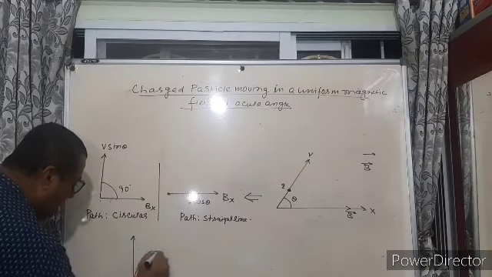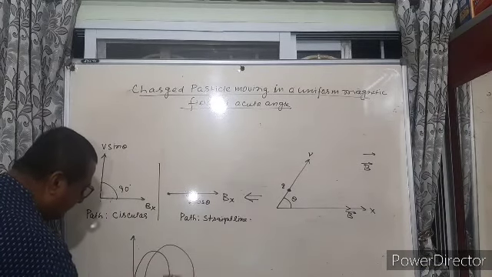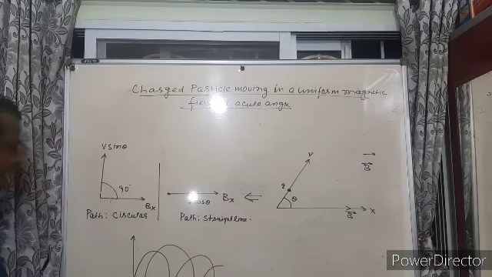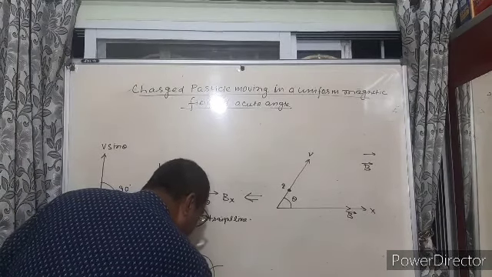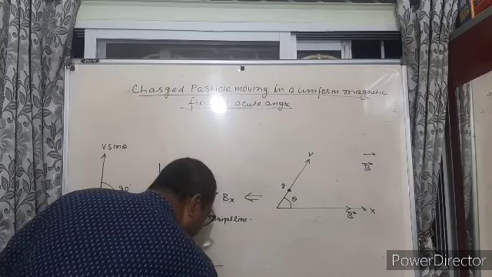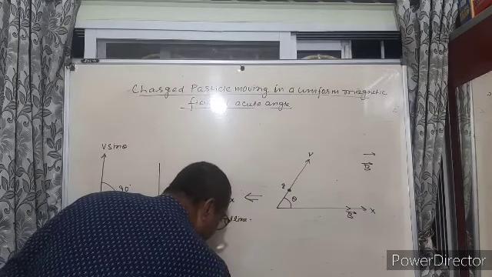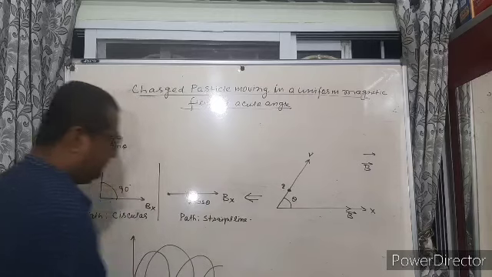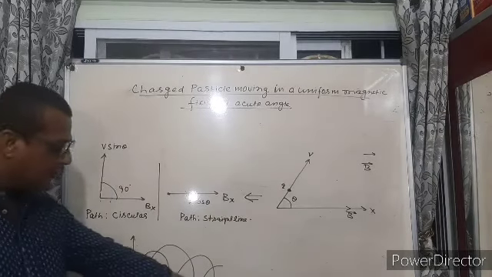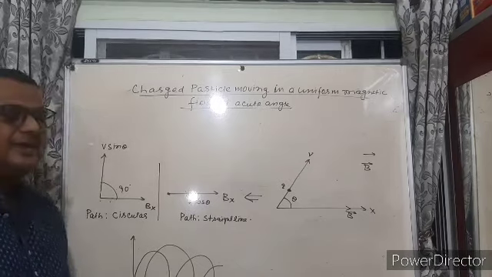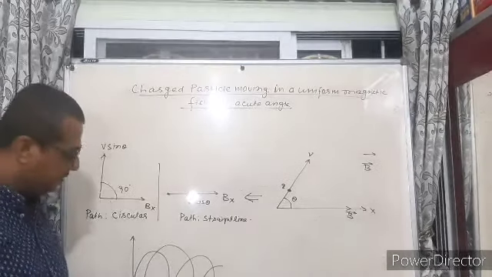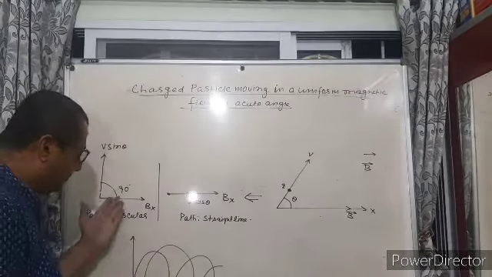It is looking like that. This is the path. This shape is called helix. This shape is called helical shape. This is the combined effect of both.